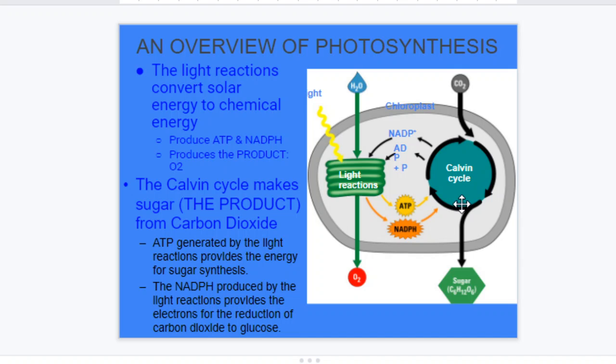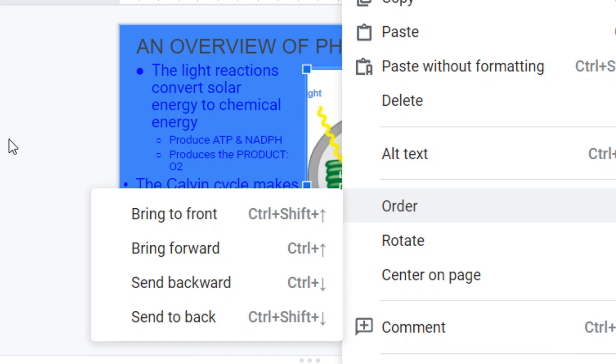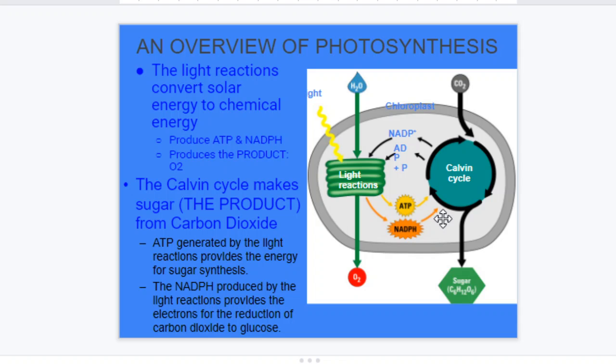The NADPH produced by the light reactions provides the electrons for the reduction of carbon dioxide to glucose. So just understand that without the light reactions, we would not have the dark reactions either. So the light reactions get water and light and turn it into oxygen and ATP and NADPH, which goes to the dark cycles, okay? And this requires carbon dioxide and they turn it into sugars.